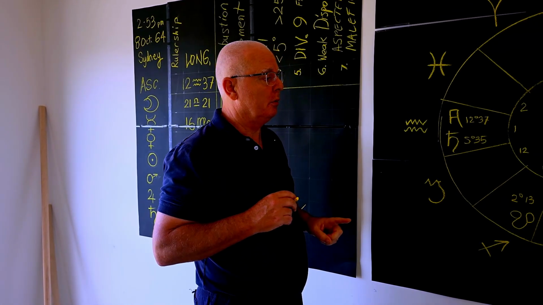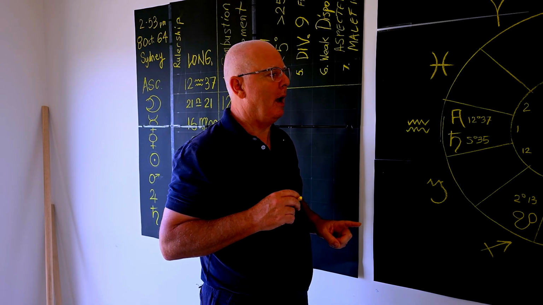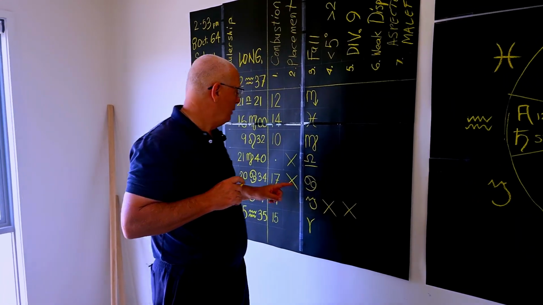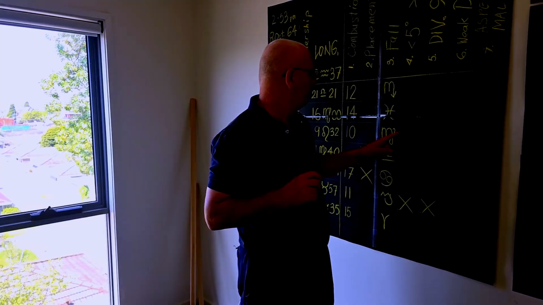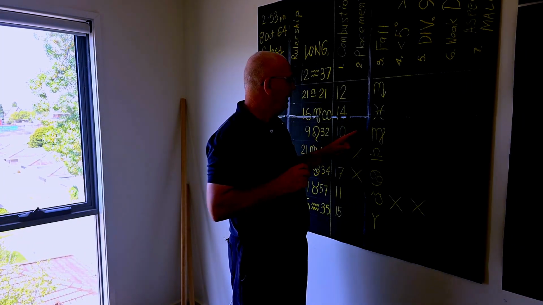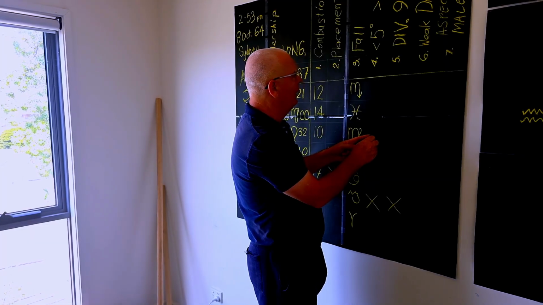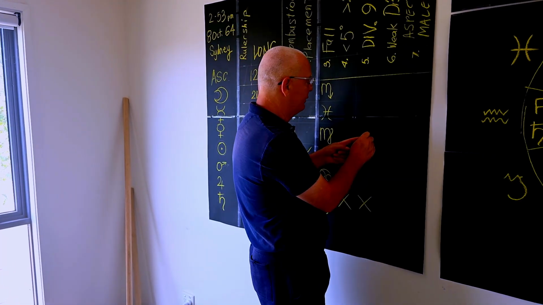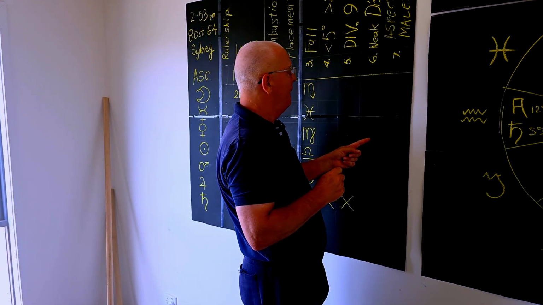So far, Venus does not have a weakness. It's not combust. It's in the 7th house. It's not badly placed. It's not in Virgo, its fall. It's not in infancy or old age. It doesn't fall in the 9th harmonic chart.